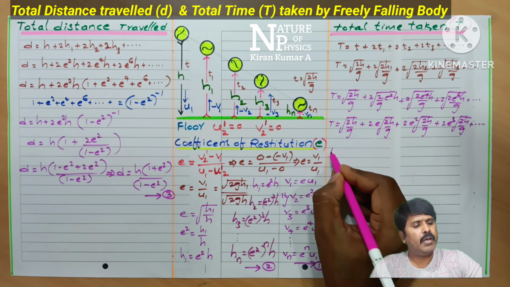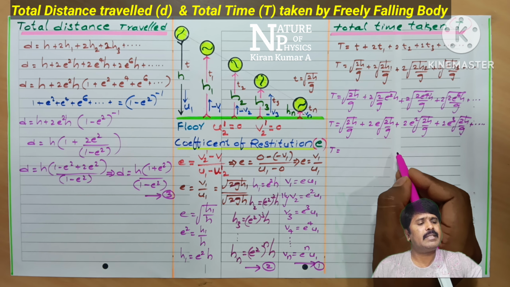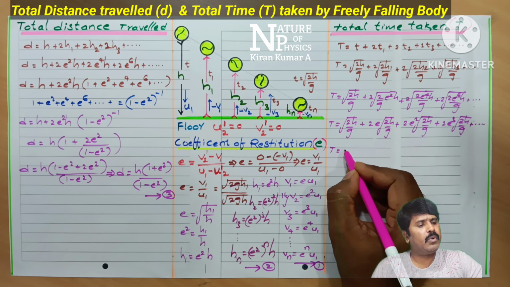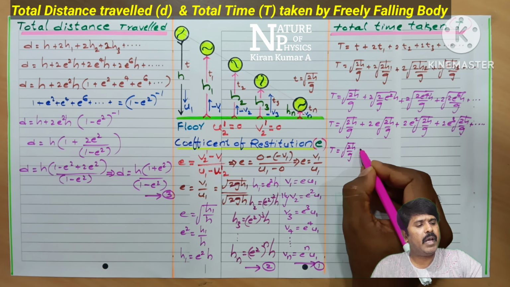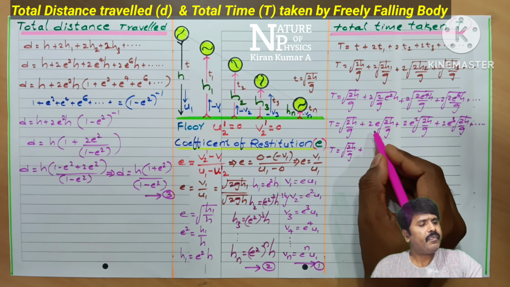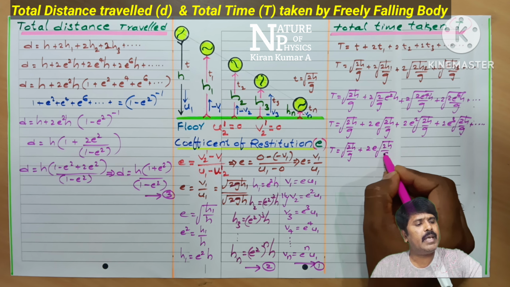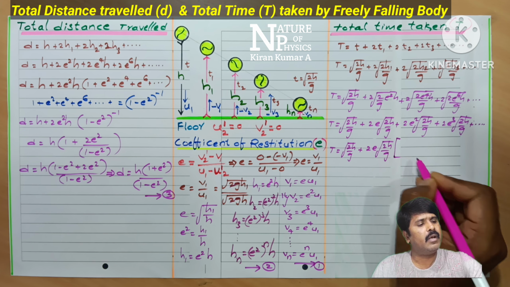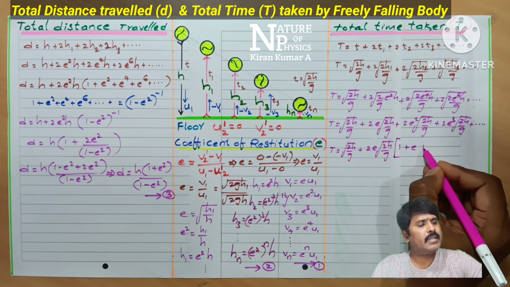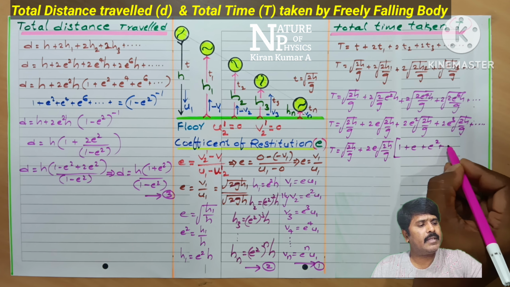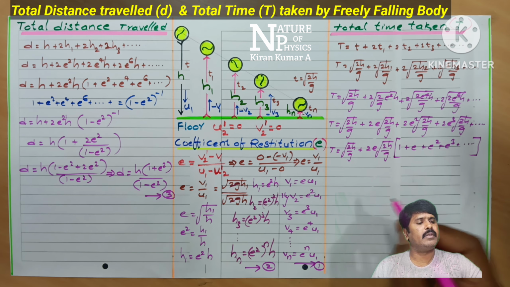Now t, root over 2h by g is common, and 2e root over 2h by g is taken common. That is 1 plus e square plus e cube, and so on.